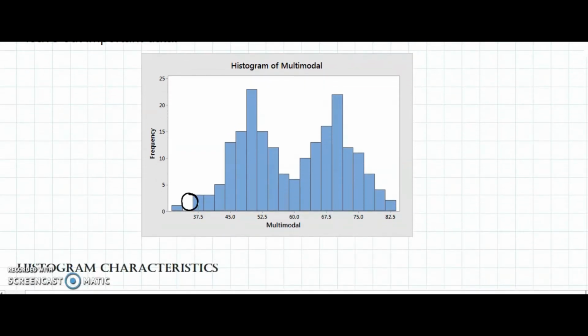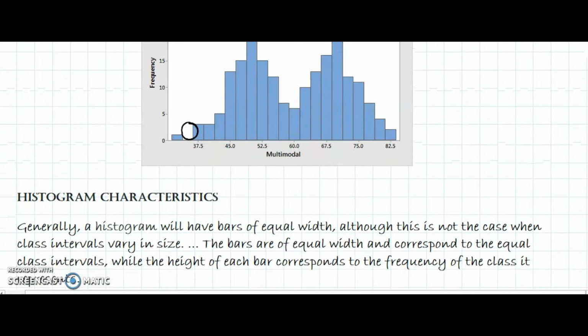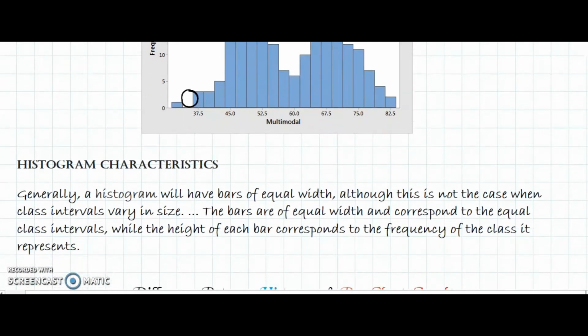But the histogram also has some important characteristics. Here are the characteristics of a histogram. Generally a histogram will have bars of equal width, although this is not the case when the class intervals vary in size.